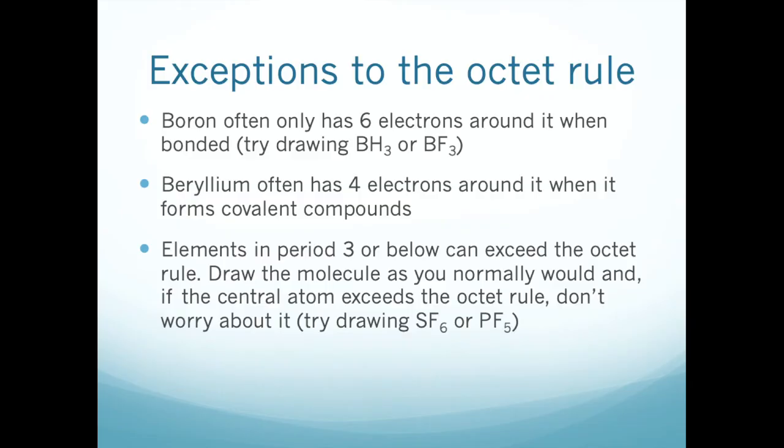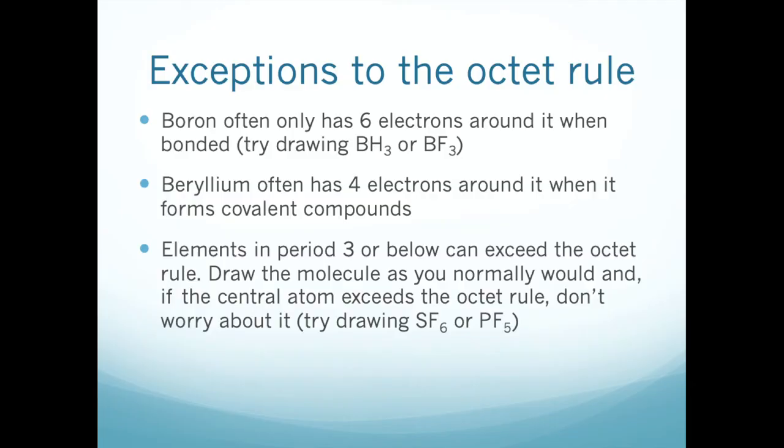Because beryllium is such a tiny metal atom, it sometimes behaves a little covalently. It behaves a little bit like a nonmetal because, being that tiny, it's very electronegative, meaning it will suck electron density towards it.